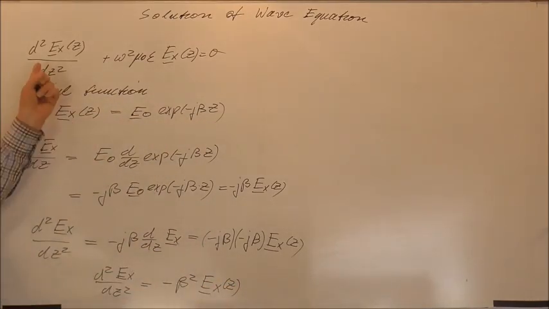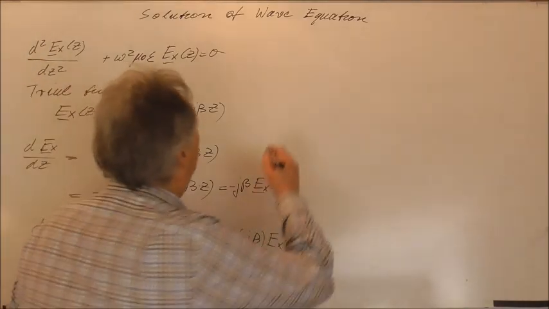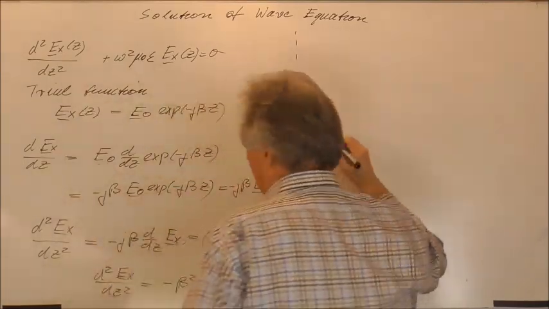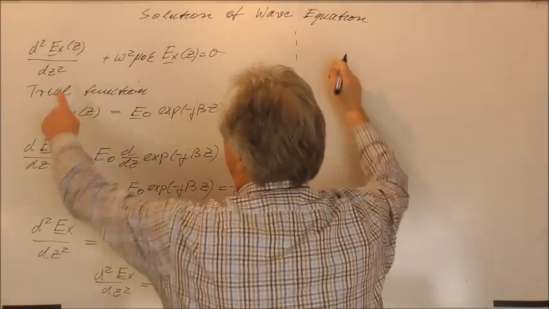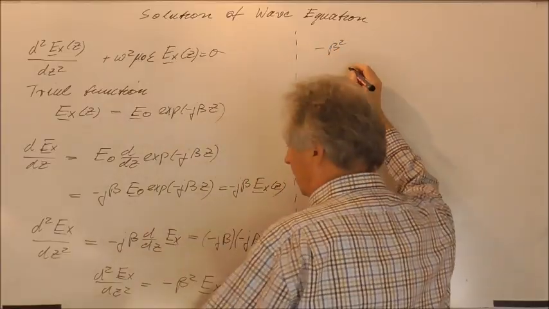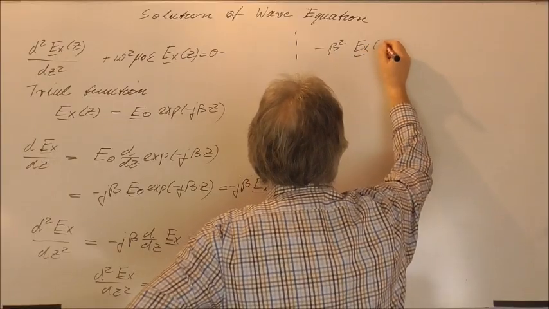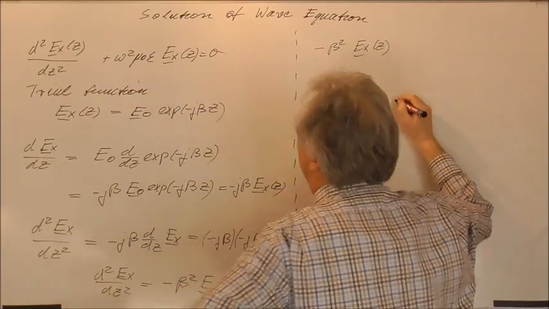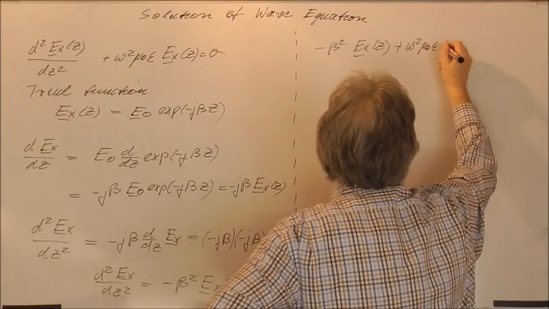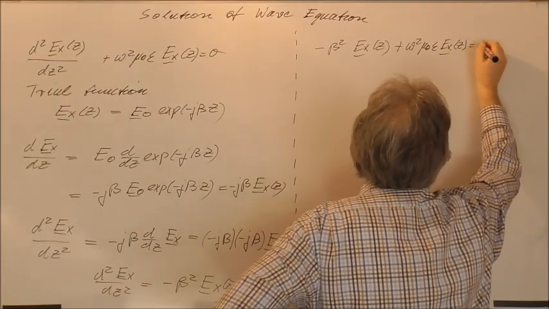This results that we can substitute the derivation by this constant here, and of course we can include this into our differential equation. We will have to write then, instead of the derivation, we multiply with minus beta square times Ex of z plus omega square mu naught epsilon Ex of z is 0.